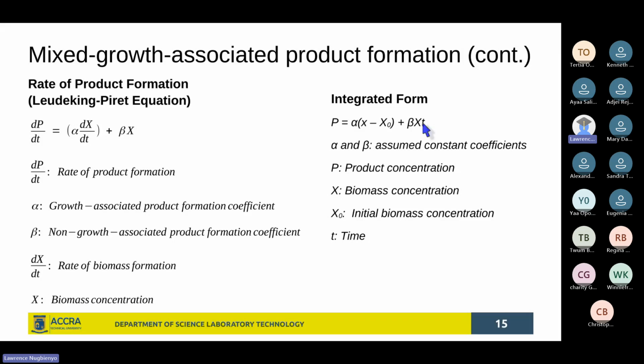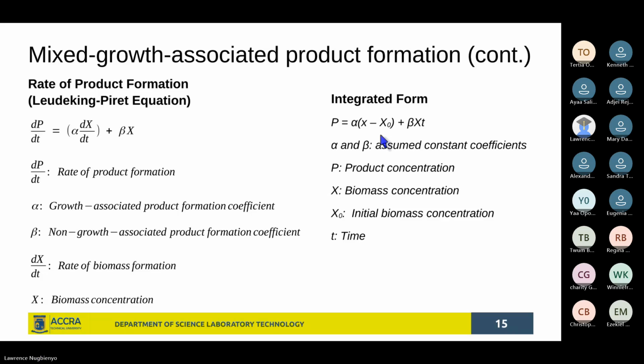So this has a summation of what is happening with the growth associated system and the non-growth associated system, which is being referred to as the Luedeking-Piret equation, to represent that mixed growth associated product formation.